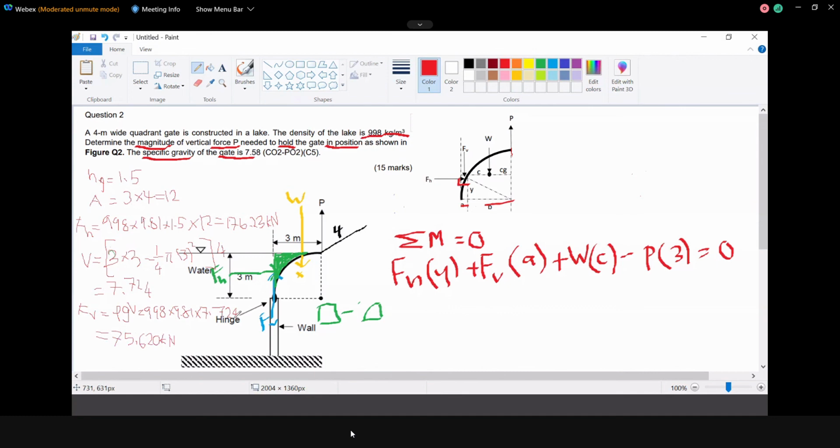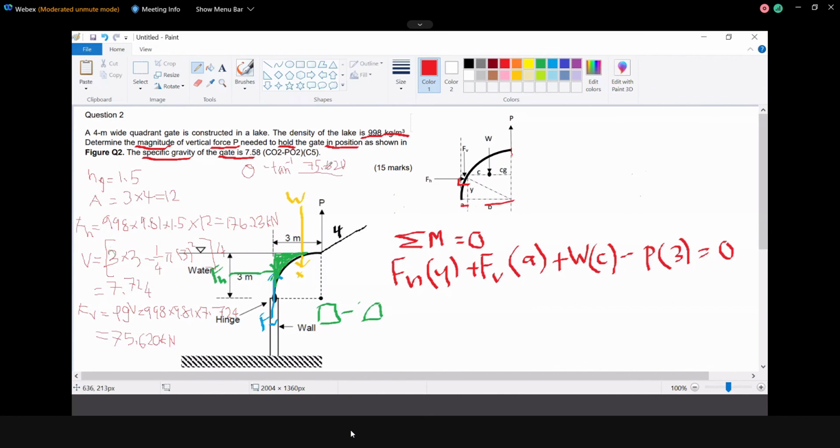Okay. So dah dapat FV, boleh dapat angle. So saya continue ke atas ni lah. Hopefully you can see. Angle ialah anti-tangent FV bahagi FH.